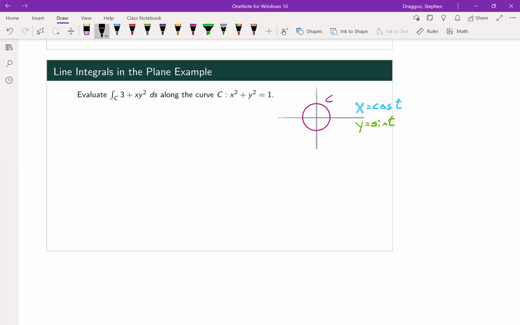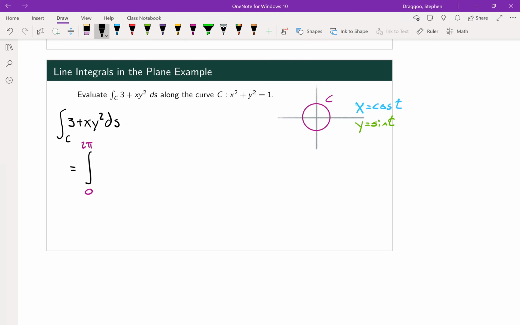So that means that our line integral, which needs to go across C, where we had 3 plus xy squared ds. What's this thing going to be equal to? We will want the integral from 0 to 2 pi. Let's go ahead and put that in pink to highlight the fact that it's coming from the parameterization that we're choosing.